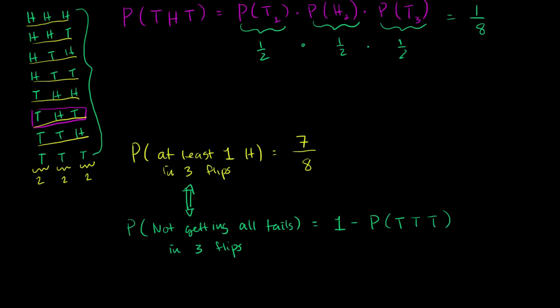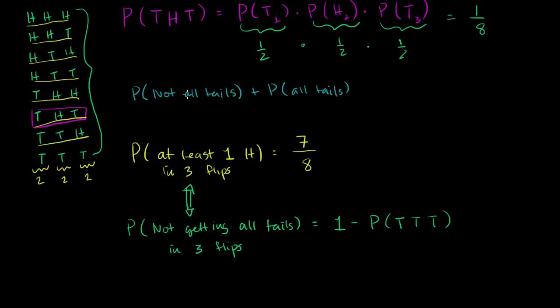Let me write it this way. The probability, let me write it in a new color, just so you see where this is coming from. The probability of not all tails, plus the probability of all tails. Well, this is essentially exhaustive. This is all of the possible circumstances.